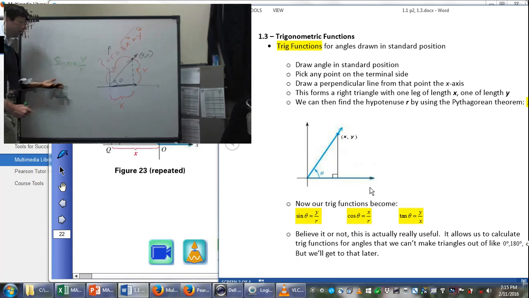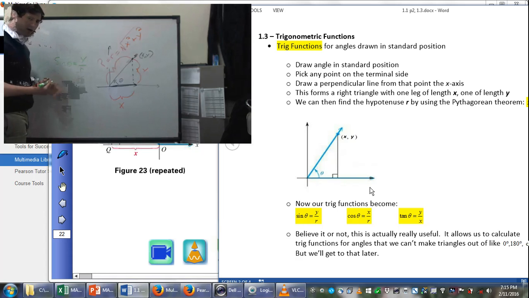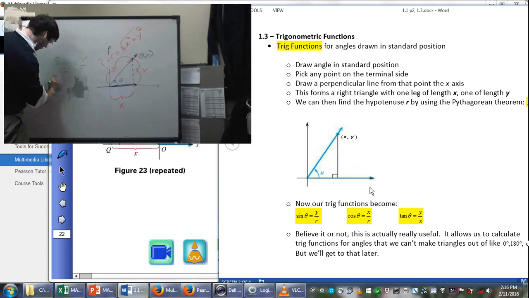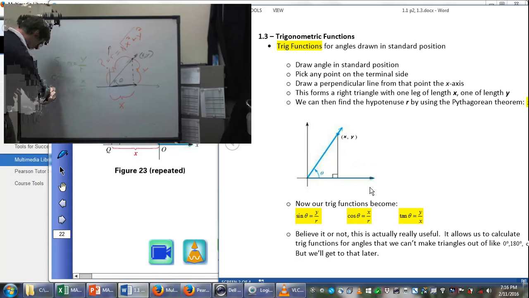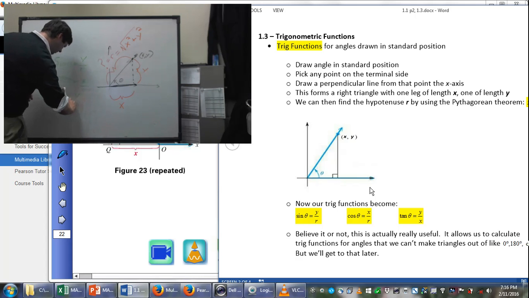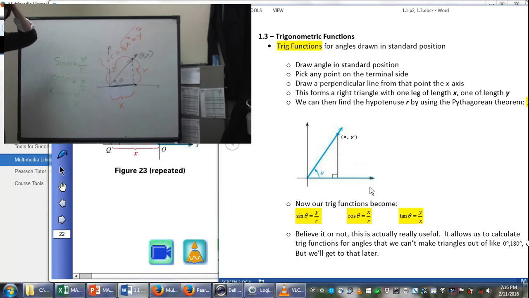So it's still the opposite side. We're just calling it y. So sine was opposite over hypotenuse. It's still going to be opposite over hypotenuse, but now for the hypotenuse we're using this new variable r. So instead of being opposite over hypotenuse, we're going to say sine is y over r. So there's our new definition.